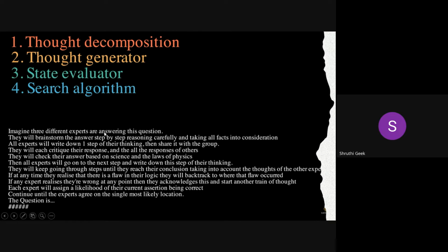Imagine that there are 3 different experts answering this question. They are brainstorming the answer step by step, reasoning carefully, and taking all facts into consideration. So the use of taking all facts into consideration is what he states is helping him create different branches. And then all experts will write one step.